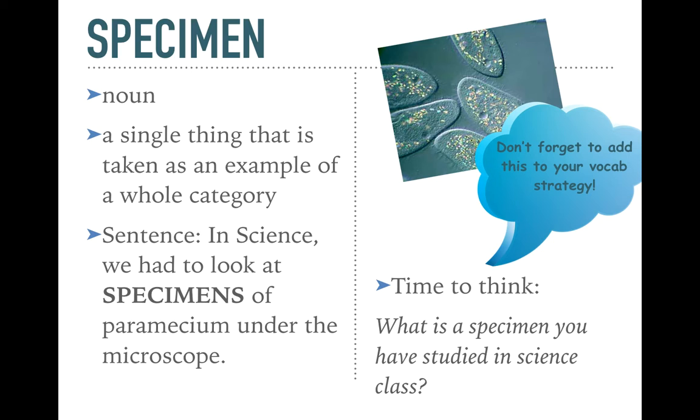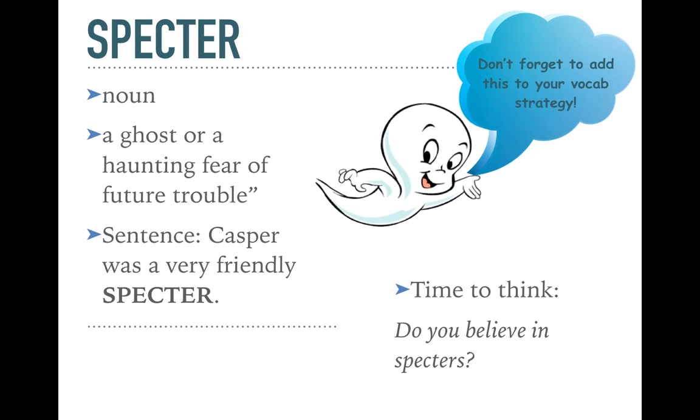Our fifth word that uses specto is specter, another noun, which means a ghost or a haunting fear of future trouble. "Casper was a very friendly specter" is a simple example of how this word might be used. In your book, it reads, "Local legend claims that the specter haunts the chapel."